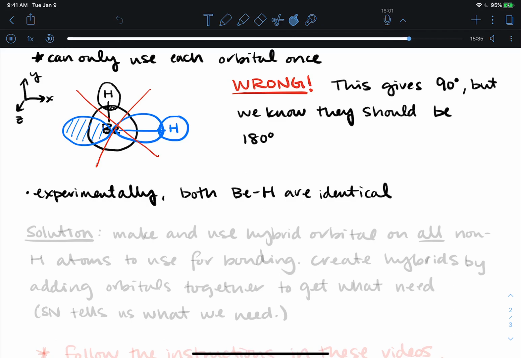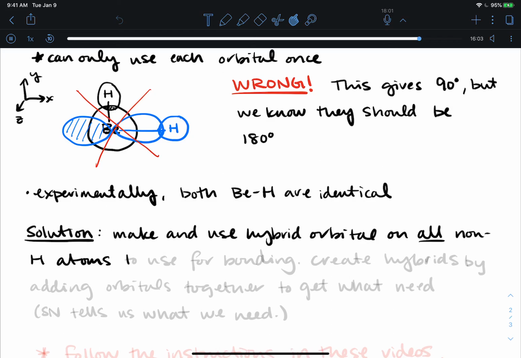So the solution that we have for this is we are going to make and use hybrid orbitals on all, I'm going to underline all, non-hydrogen atoms to use for bonding.